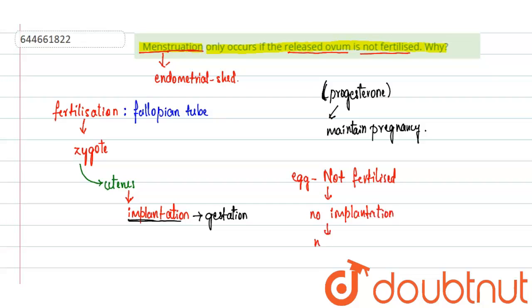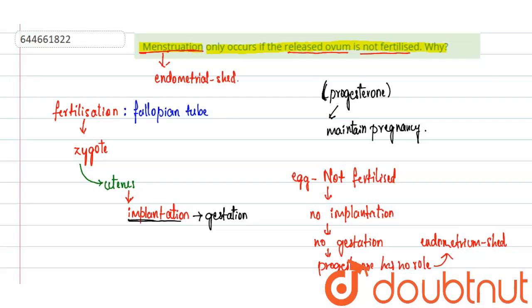If there is no pregnancy or no gestation, then there would be no role for progesterone to play. So when progesterone has no role to play, the pregnancy also cannot be maintained. So the endometrial wall or the endometrium begins to shed. This is nothing but the menstruation phase.